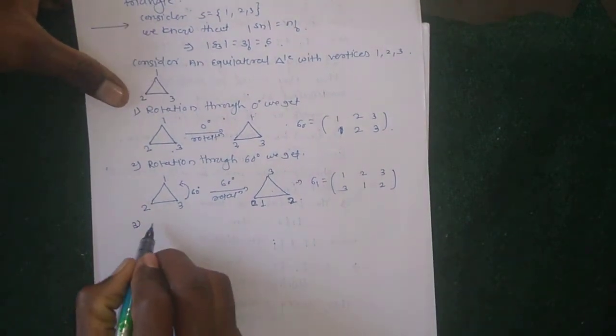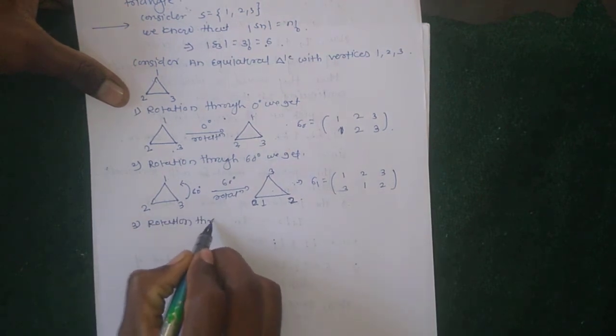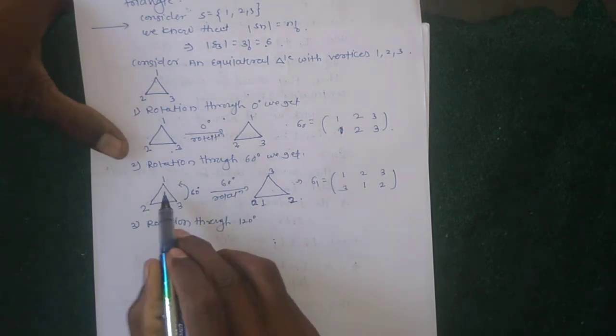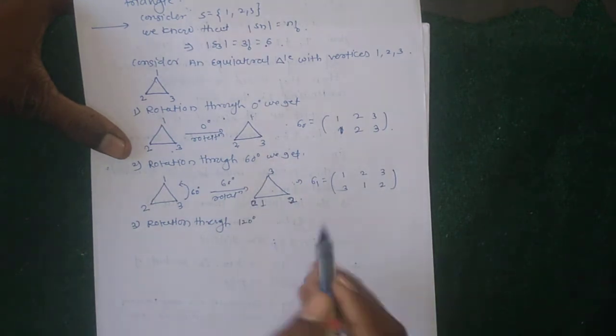Then the third, rotation through 120 degree. This is 0 degree, then 60 degree, then again add 60 degree.